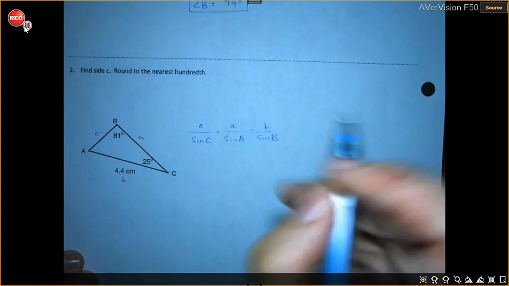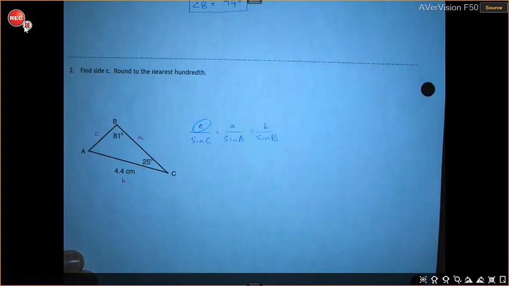So I'm trying to find side C. What am I given? Circle it in pink.